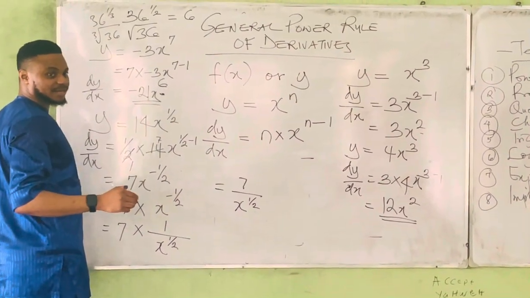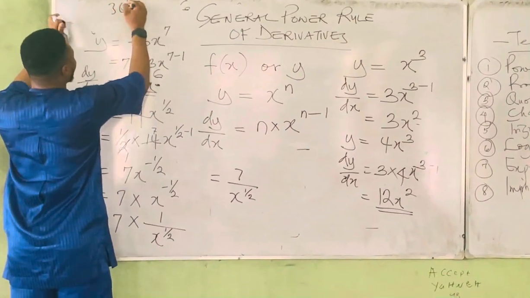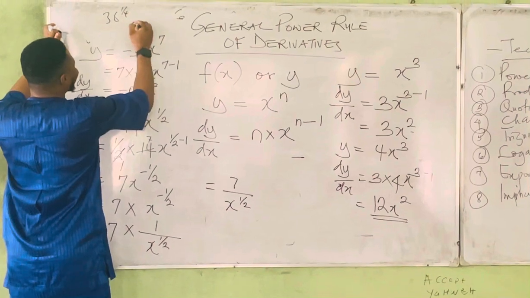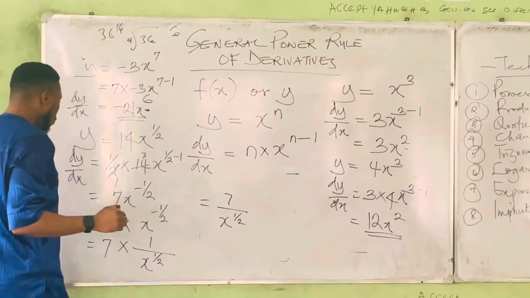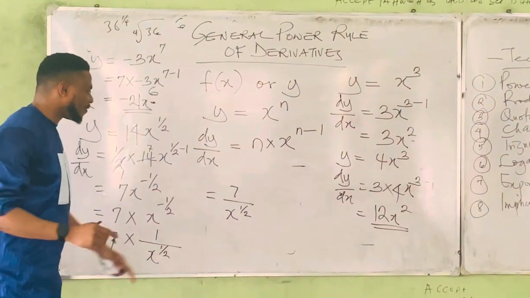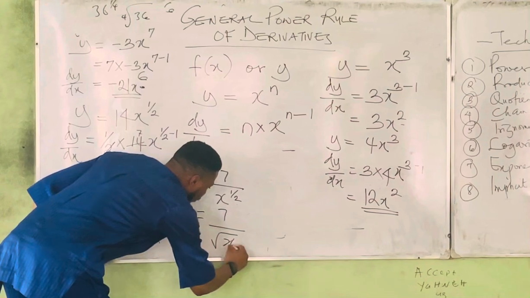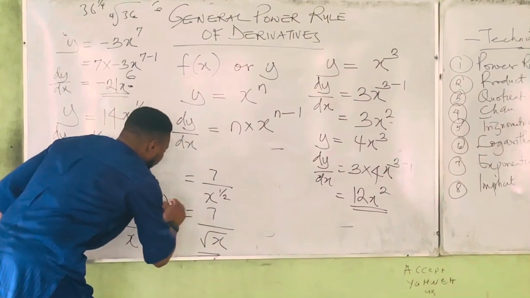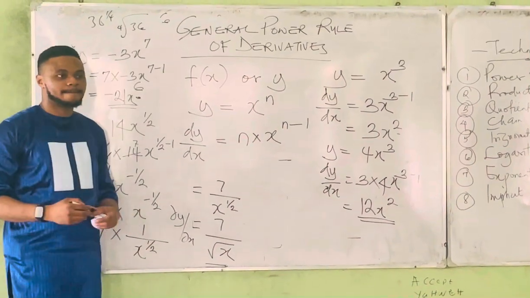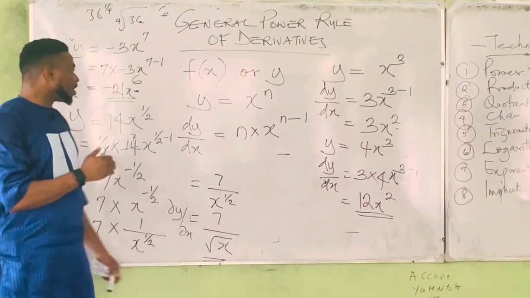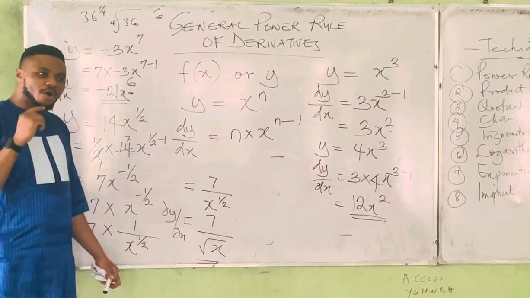Are you getting it? If you have 36 raised to power 1 over 4, it is the fourth root of 36. So when you have x raised to power 1 over 2 here, this will now be 7 over root x. This is your final answer, the dy over dx. So this is the general idea of the power rule of differentiation.